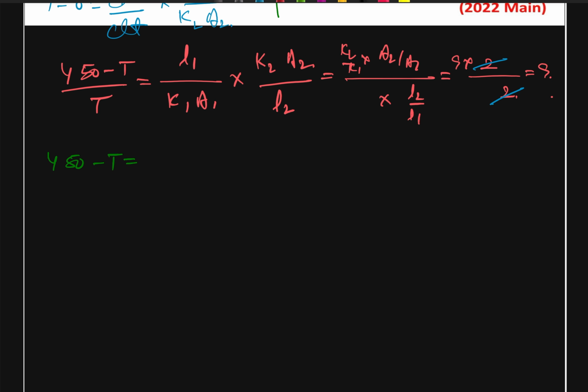So we get 450 minus T is equal to 90. So from here we get T is equal to 45.